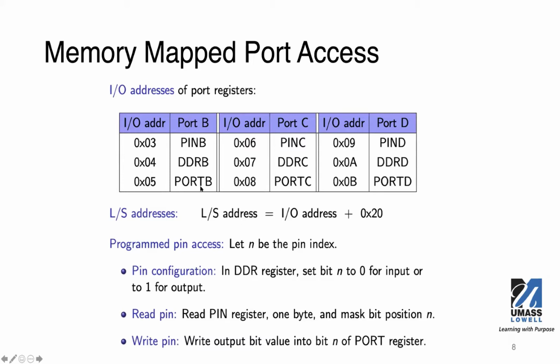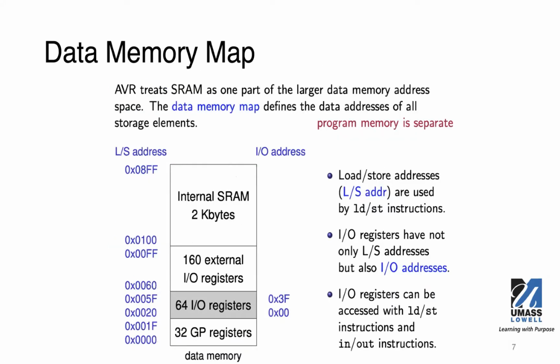So if I go back to the previous diagram, we are talking about registers here for that address, 03, 04, and 05. So that's somewhere here. Now you can use I/O instructions to access them, but if you want to use load store instructions to access them as memory locations, you can do that.